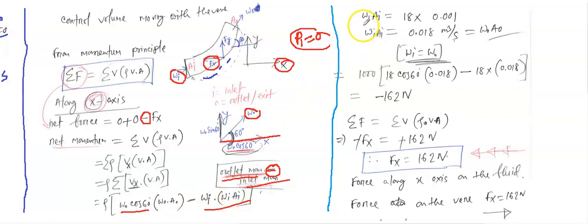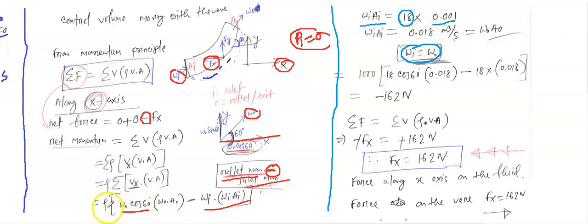So let's calculate Wi Ai. Wi is 18, and Ai is given, so Wi Ai equals 0.018. As Wi and W naught are the same and the area is the same, Wi Ai equals W naught A naught, which is 0.018.